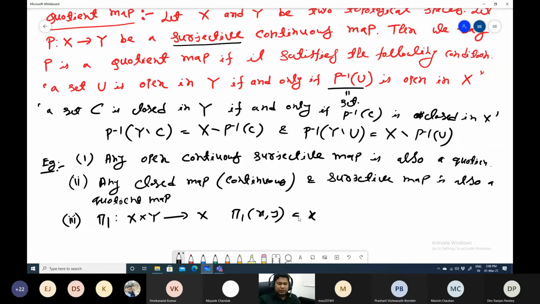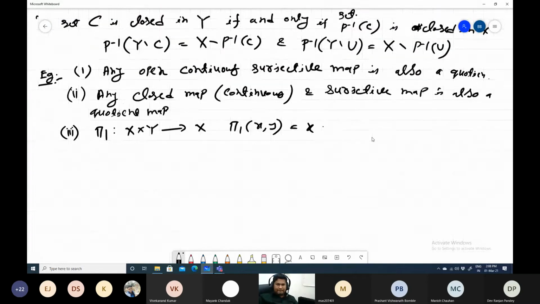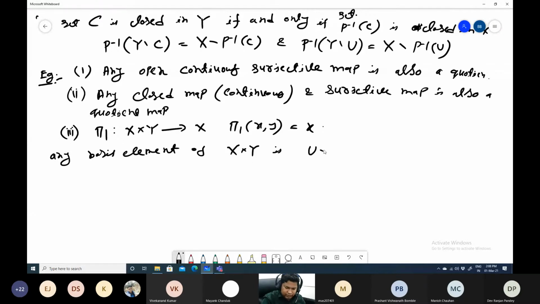Now why is this an open map? Have you seen the proof why this is an open map? Do you remember? Because any basis element of X cross Y is U cross V, and pi1 of U cross V is equal to U, which is open.